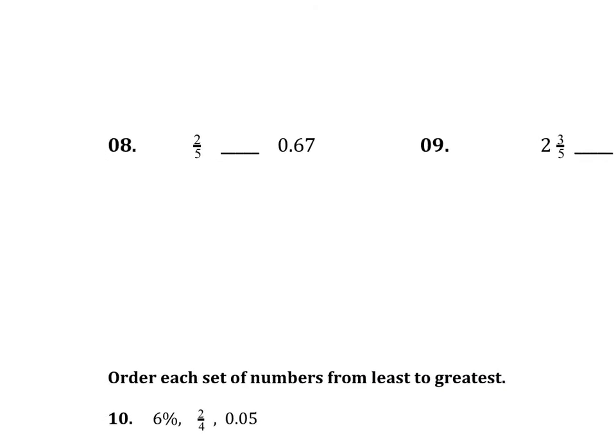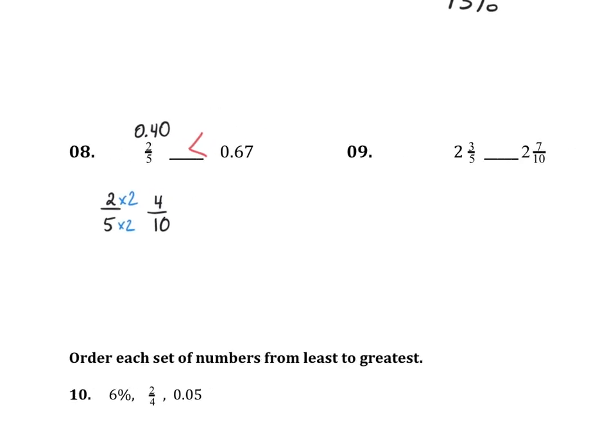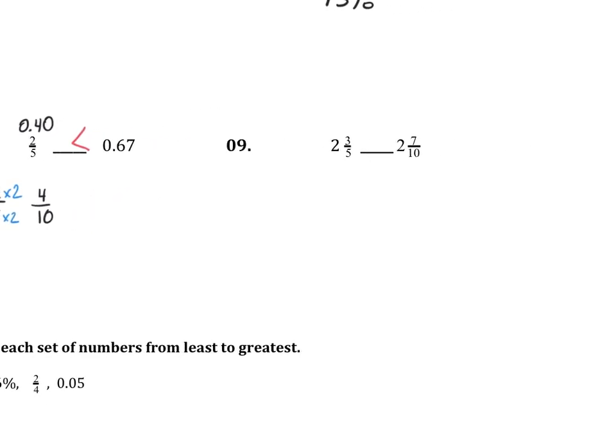Now my next one, 2/5. I can get that to a denominator of 10. Gonna multiply the top and the bottom by 2. If I get 4/10, it's 0.4. I can always add a 0 on the end to compare. So I see 68/100 is larger.